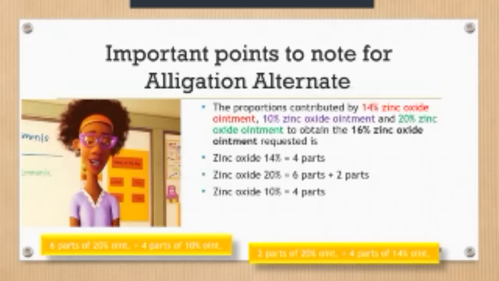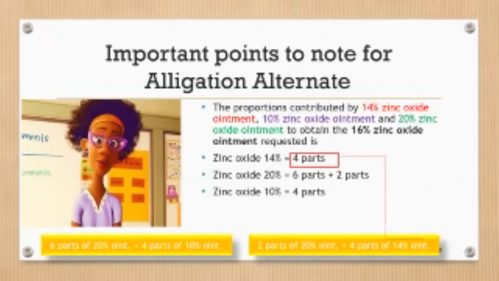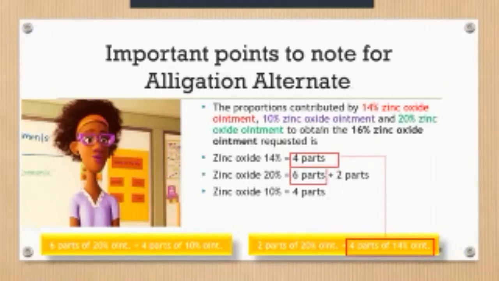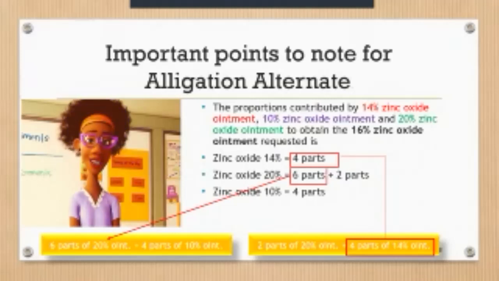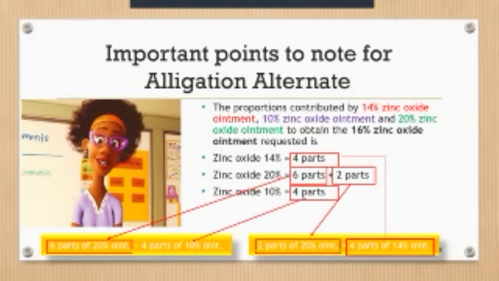So this 4 parts is for the 14% ointment. So that means you're going to be using 4 parts of the 14%. The 6 parts is from the 20% as well as the 2 parts. And the 4 parts is going to come from the 10%.